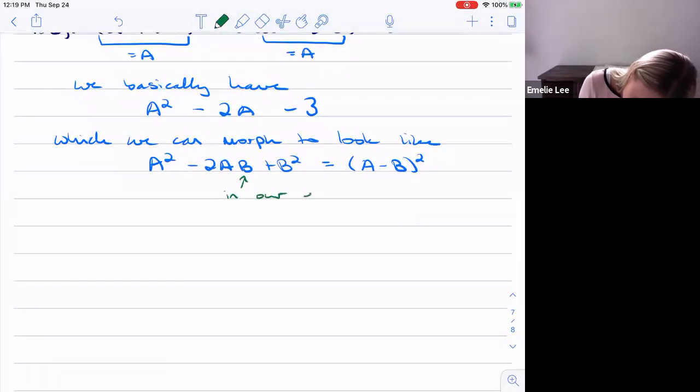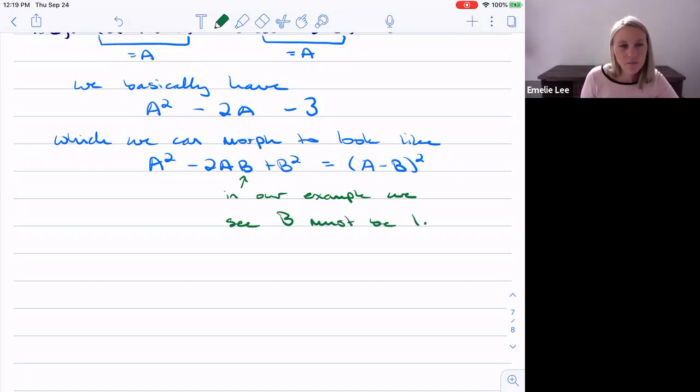So in our example, we see b must be 1, right?